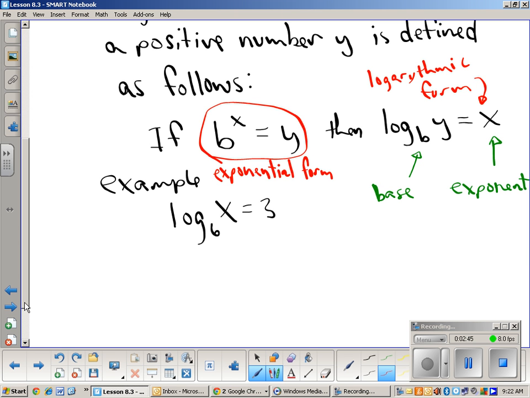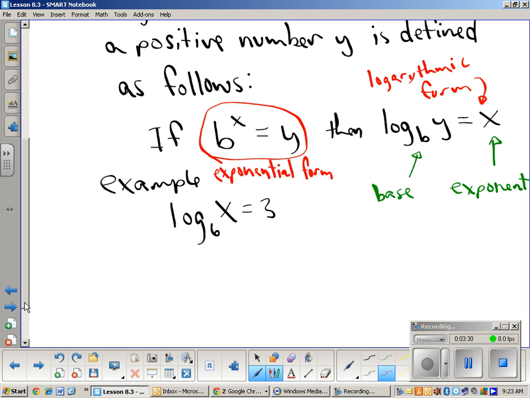How do I write this in exponential form? Log base b, is that what you said? I got confused on the log b.